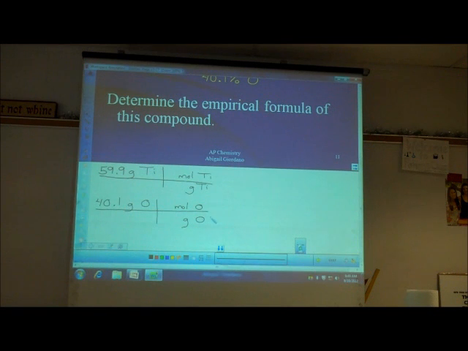And let's just review a little bit. What number should I put on the top here? 1. And where is the number on the bottom coming from? Your molar mass. And what is the molar mass of titanium? 47.9. Okay. Same thing down here. Oxygen's molar mass is? Very good. And we'll do the math.